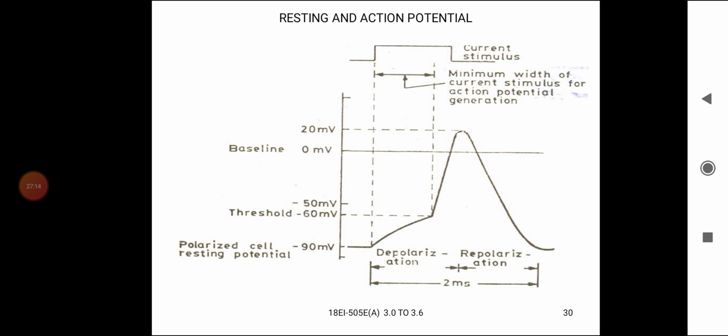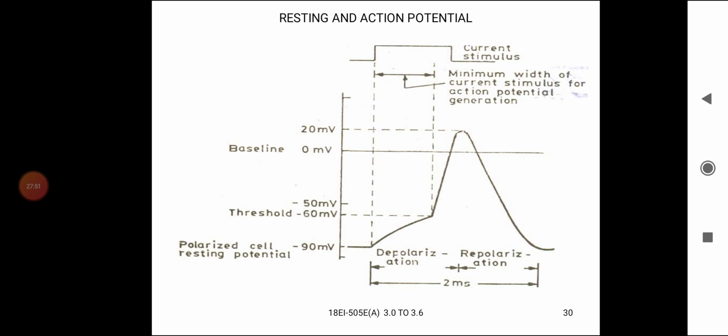The waveform shows the polarized resting potential with a time function, depolarization and repolarization of the waveform, and a threshold voltage at minus 60 millivolts, baseline at 0 millivolts, and a peak value of 20 millivolts.